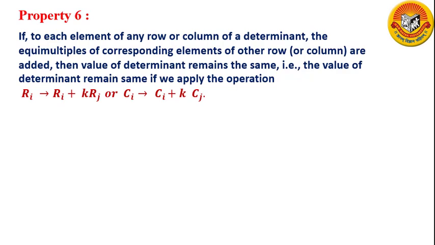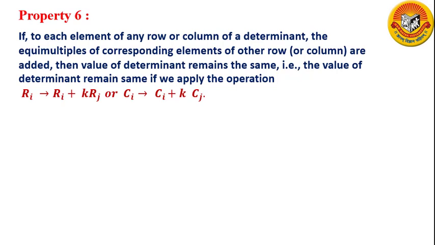Property number 6. Again, this property number 6 is very important. This is similar to what we have learned as transformations in the case of matrices. What it says is that if to each element of any row or column of a determinant, equimultiples of the corresponding elements of another row are added, then the value of the determinant remains the same.